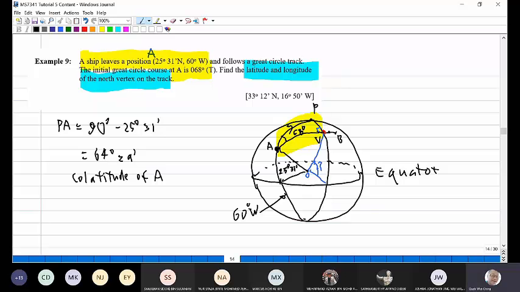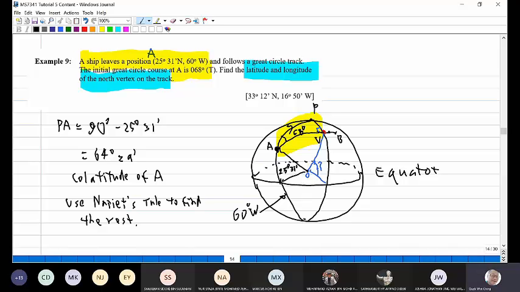So now let's try to draw a triangle now, right? I'm going to use a Napier rule now because we have a right angle triangle, to find the rest. Okay, Napier rule is very useful for a right angle triangle.